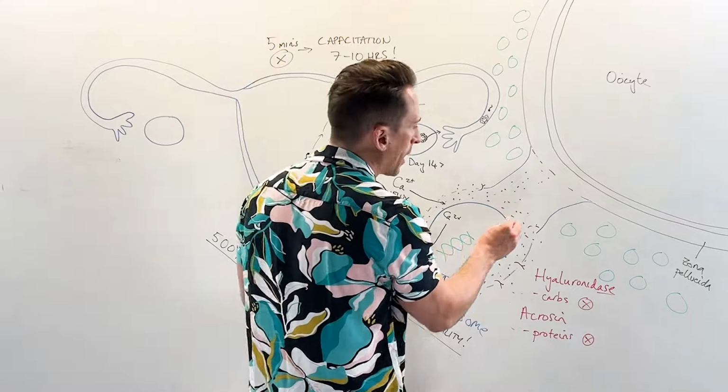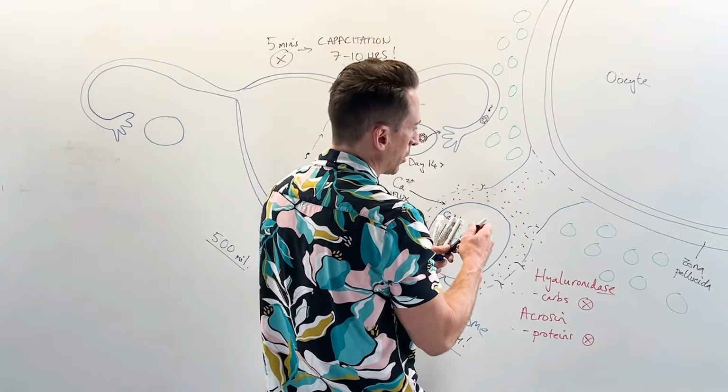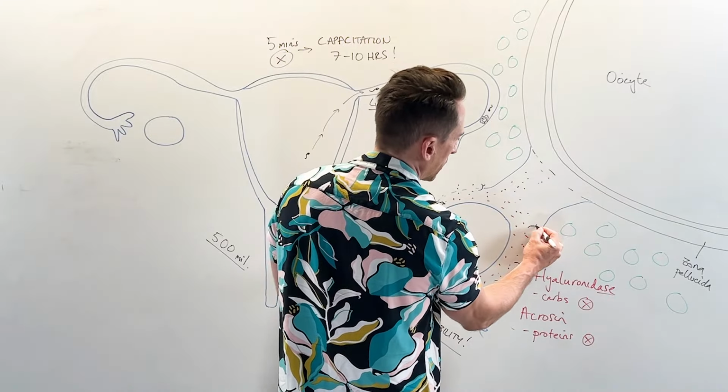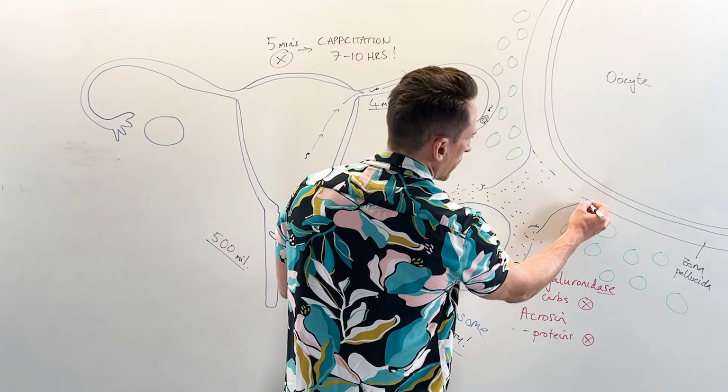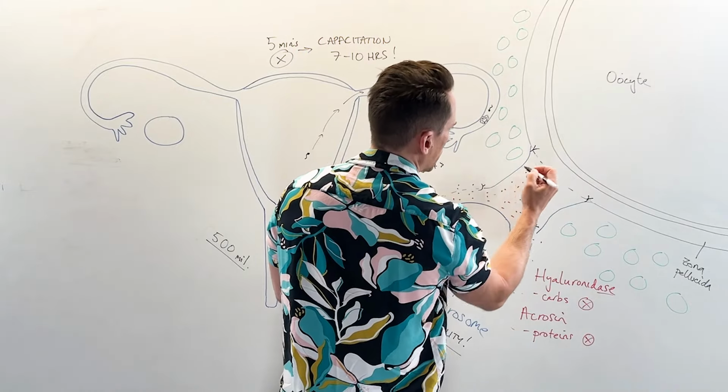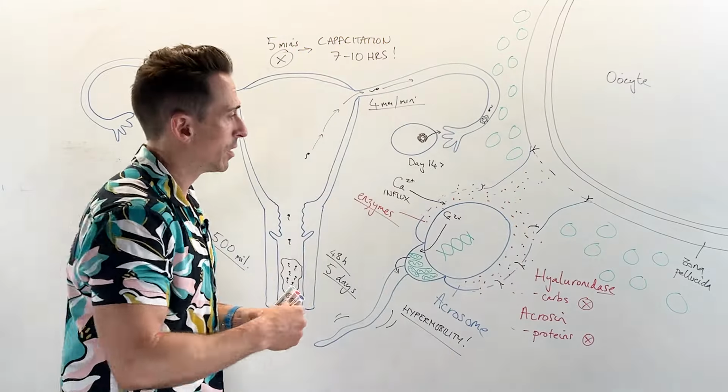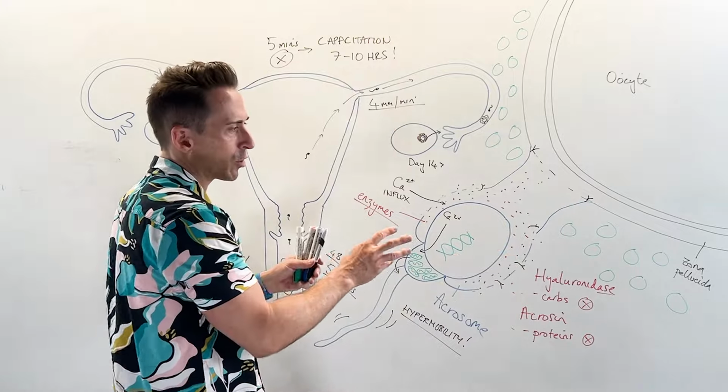So we've got binding of the sperm with the zona pellucida because we've got these binding proteins that have come to the surface, and so we could just say that we've got these binding proteins here coming to the surface. Brilliant. So now we've got the zona pellucida bound.